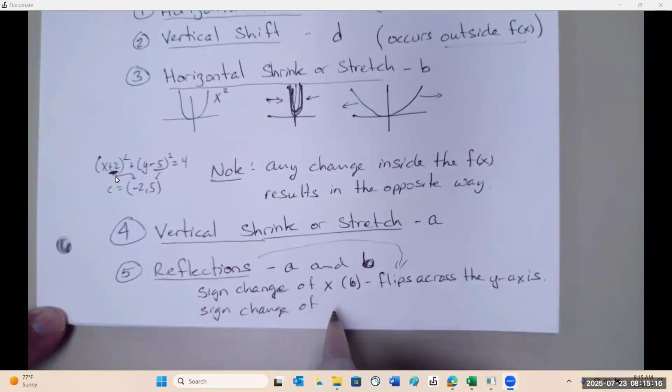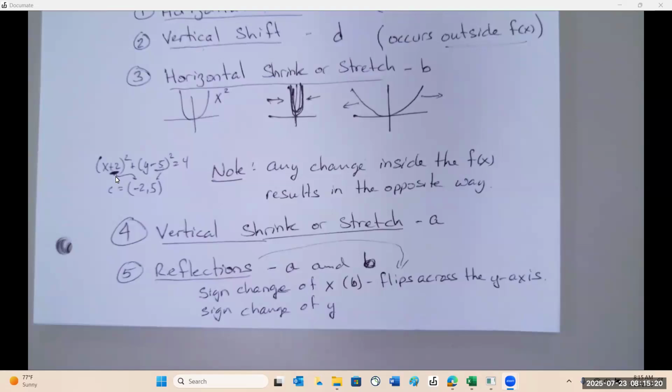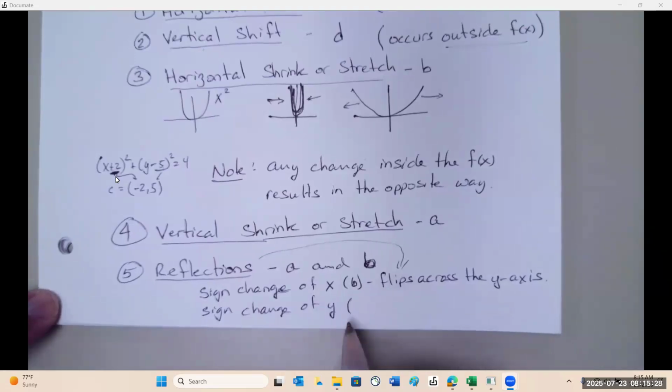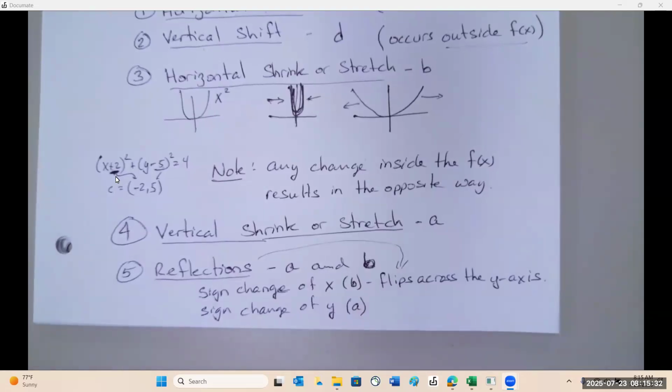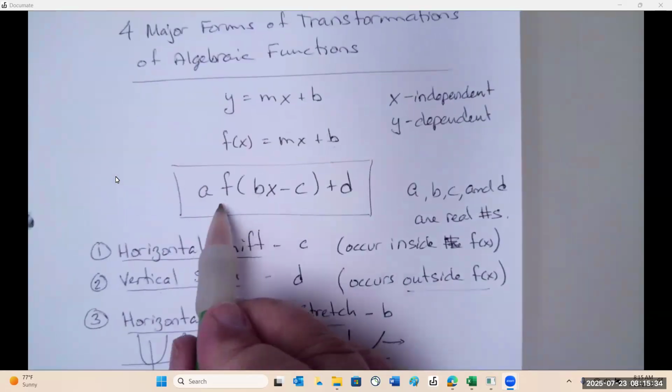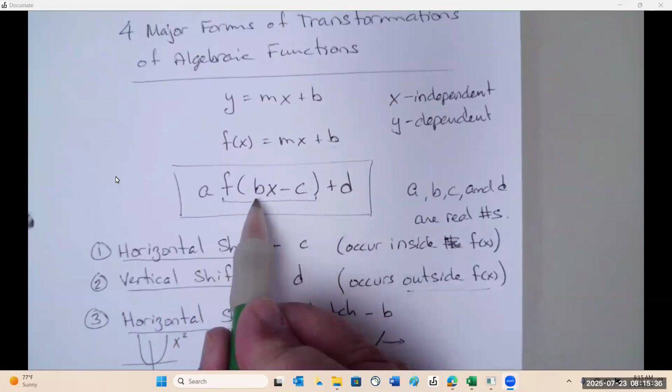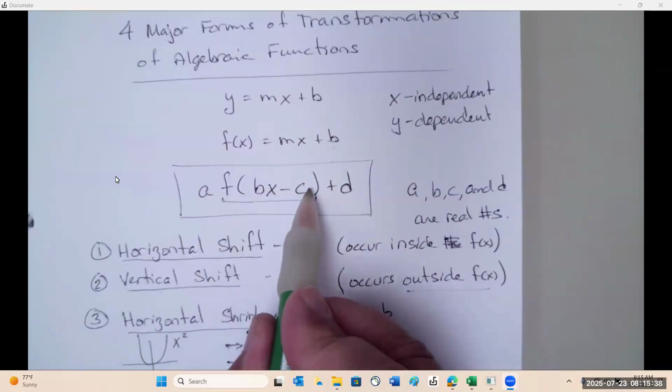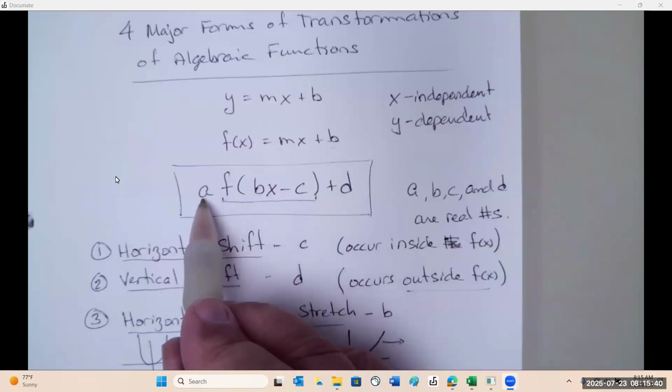Sign change of the y variable. What letter is that? A, B, C, or D? A. Because remember, f of x is your y value right here. A is the coefficient.